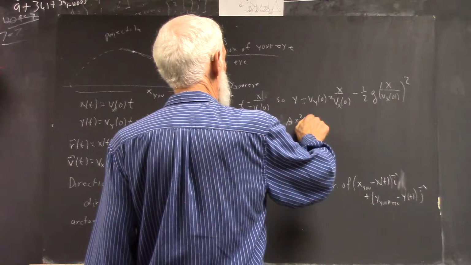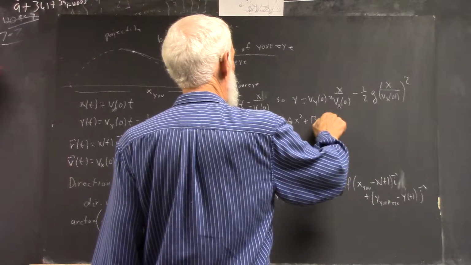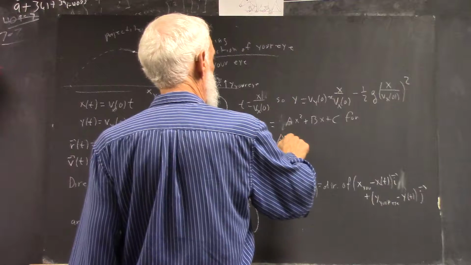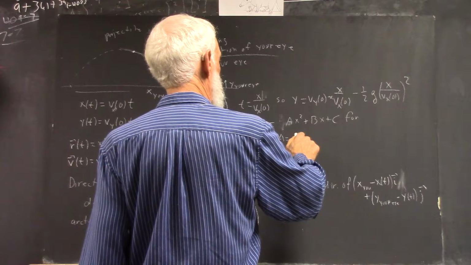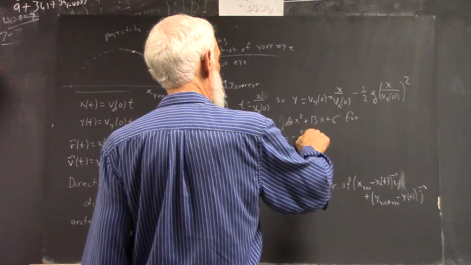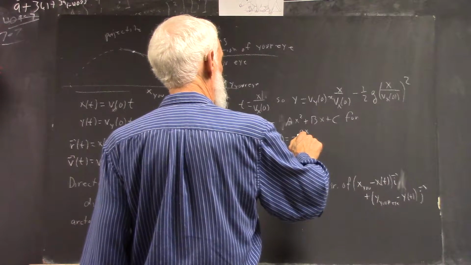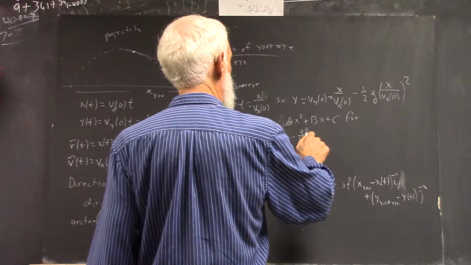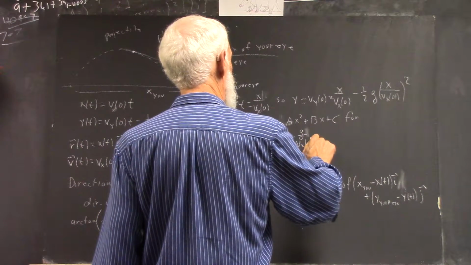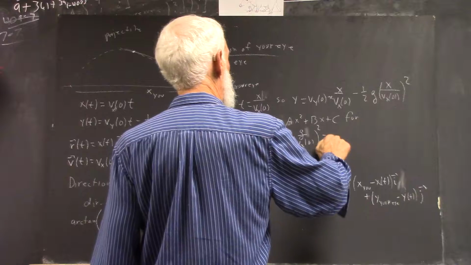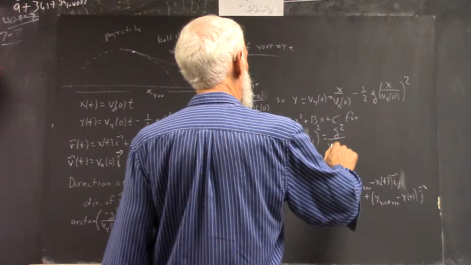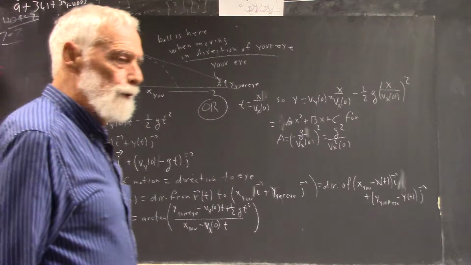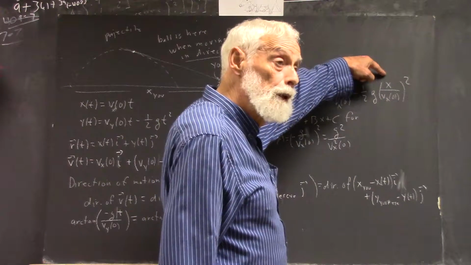There's a capital H. Where A is just this, because that's your coefficient of x squared.